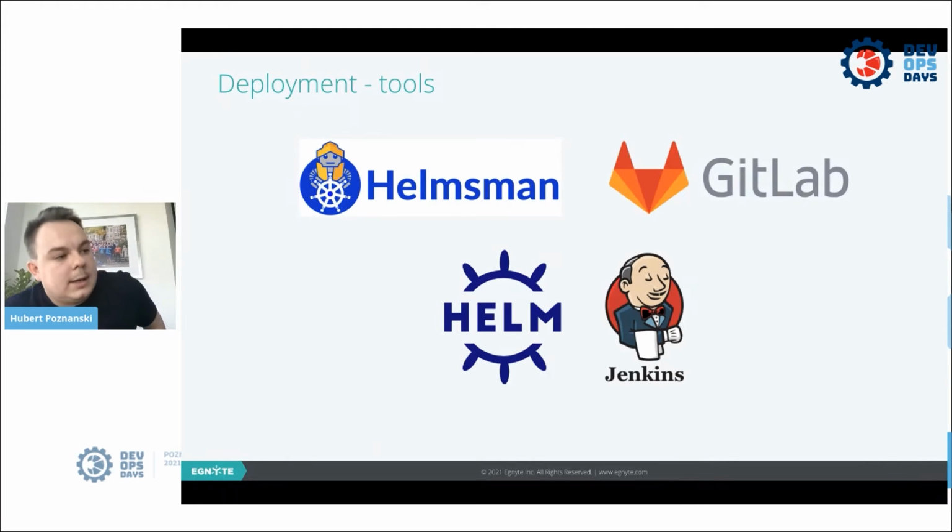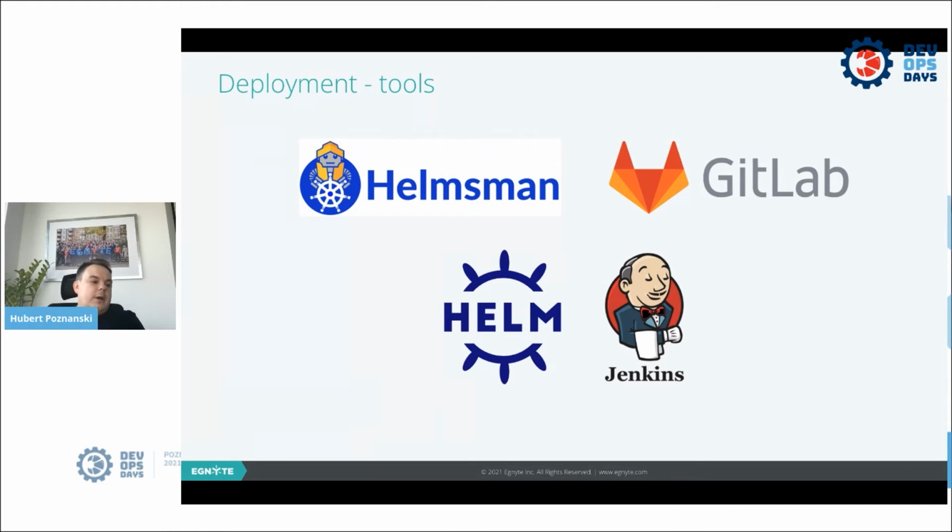So, what tools do we use for the deployment? It's the more standard part of this presentation, because it turns out that in a Windows-based environment, we can also use Jenkins, Helm, Helmsman, GitLab hooks, everything that you use on a daily basis, without major changes for Windows purposes.